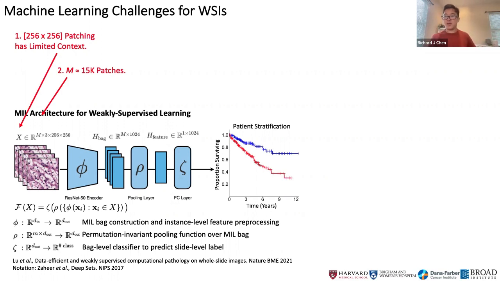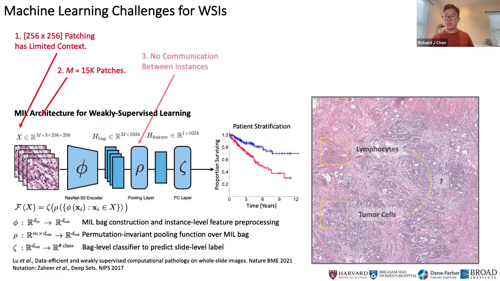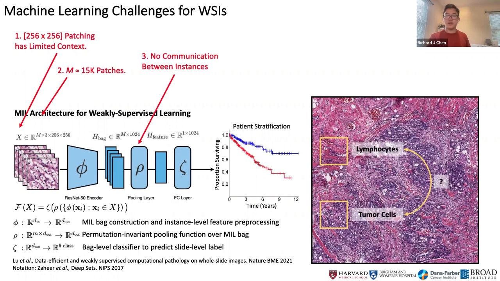And that results in MIL approaches being limited to only permutation invariant pooling. Because of how large the number of instances is, most methods are restricted to these permutation invariant pooling methods that may not be able to capture context.